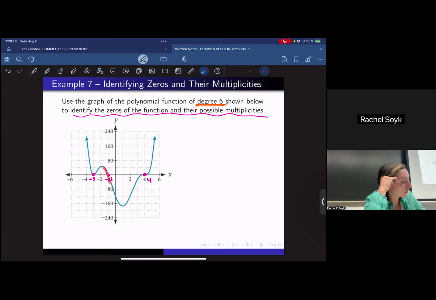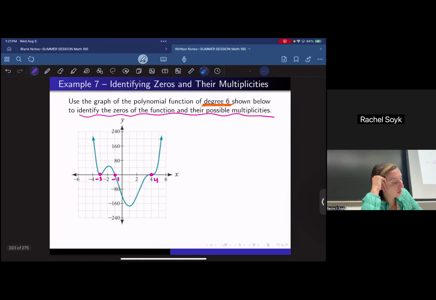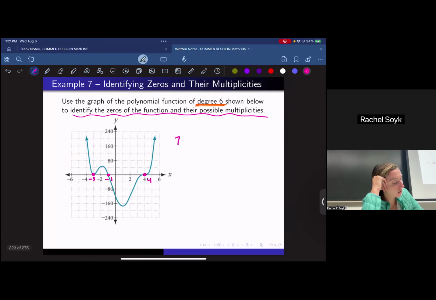There's no turning point. And this one just bounces off. So where do you think the multiplicities are taking place? Well, first let's identify the zeros. So our zeros are the following. We have x is equal to -3, x equals -1, and x is equal to 4.